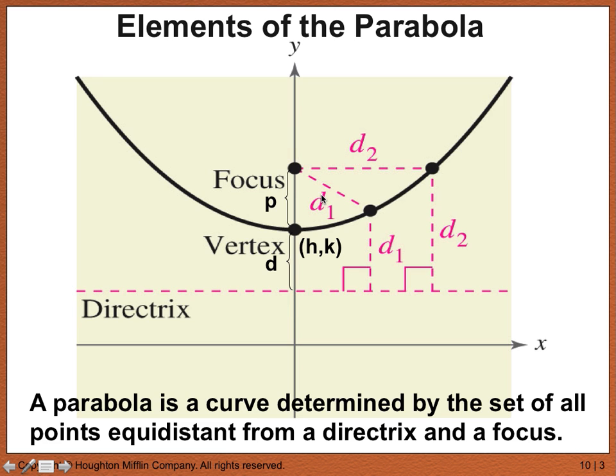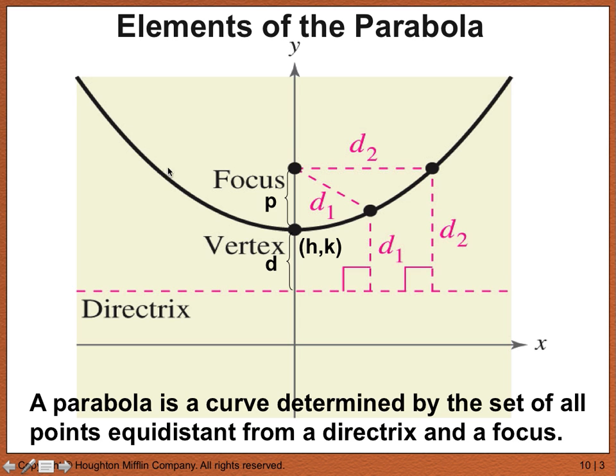Now these other dotted lines here are how we can visualize this definition. Reading through the definition again, a parabola is a curve determined by the set of all points equidistant from a directrix and a focus. So if we look, let's trace this parabola. See where the mouse arrow is tracing along the parabola. You can follow that, right?